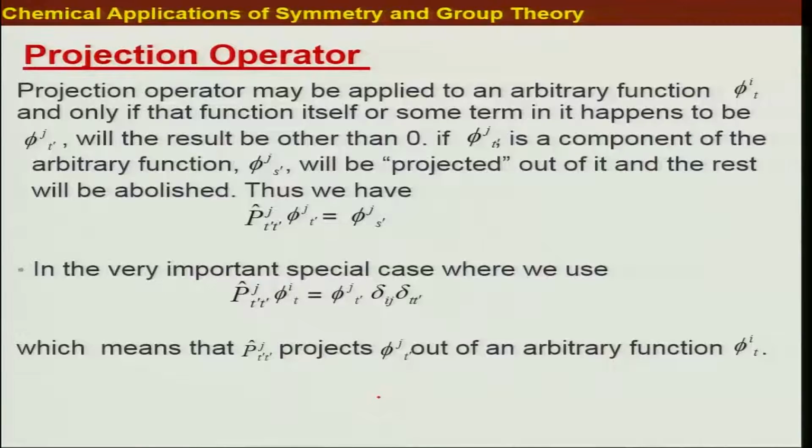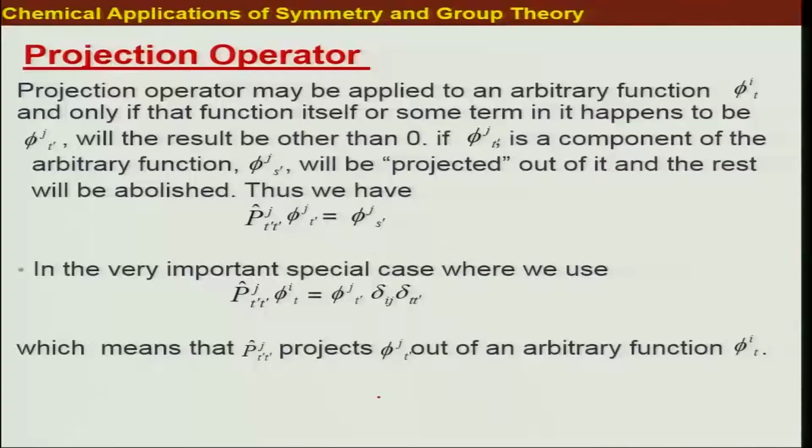So, we know by now that the projection operator may be applied to an arbitrary function, say phi t, and only if that function itself or some term in it happens to be phi t prime, the result will be non-zero.